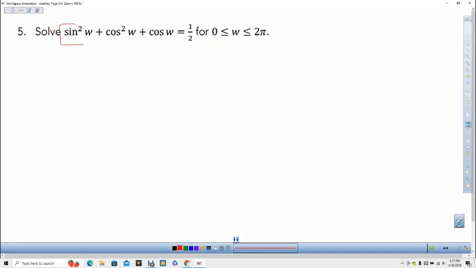Well, hopefully it jumps out at you and has been jumping out at you ever since I said this. Sine squared w plus cosine squared w is just a big fat 1. Remember, if they're equal, they're interchangeable in any algebraic expression.